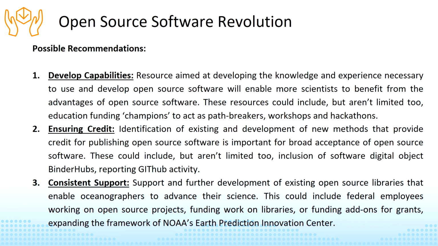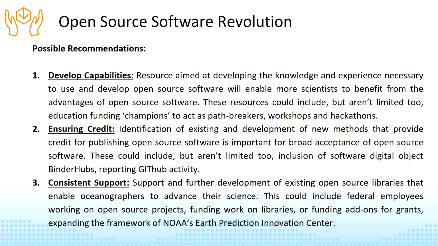So we came up with three possible recommendations, and these recommendations are based on developing capabilities. We feel there's a gap between our community's ability to publish open source software, to understand how to license it and do it correctly, and to understand how to use GitHub effectively to enable collaborations.